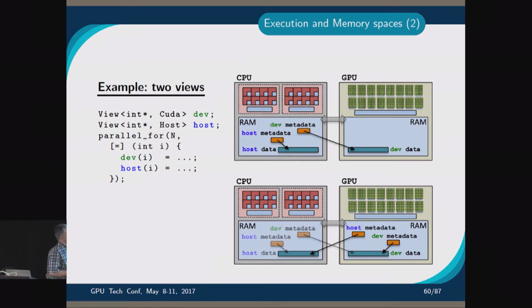Okay, now let's say we have two different views that have been allocated two different ways. We have a CUDA view, which is allocated over here in CUDA's preferred memory space, which is on the GPU, and the host memory space over here. Now we make a copy of the metadata associated with these things. Let's assume an allocation occurred, truncated from the slide.